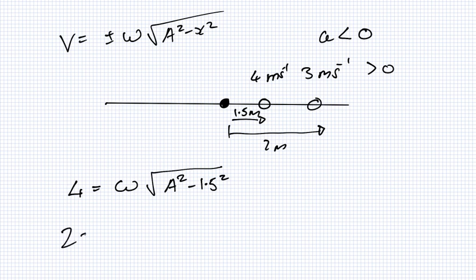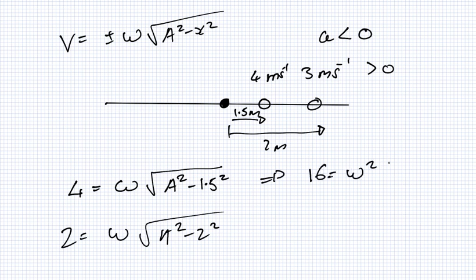And likewise 2 equals omega root a squared minus 2 squared. Or we can say 16 equals omega squared times a squared minus 1.5 squared, and 4 equals omega squared times a squared minus 2 squared.